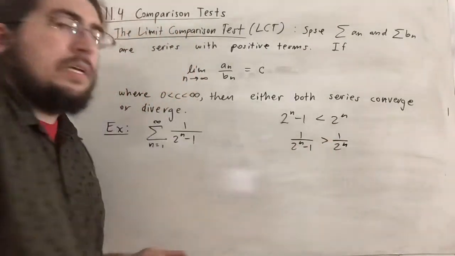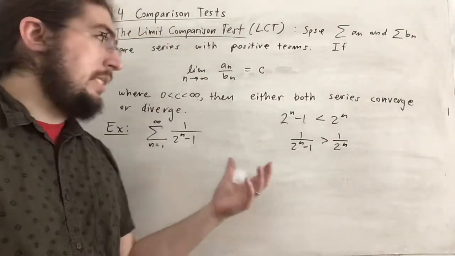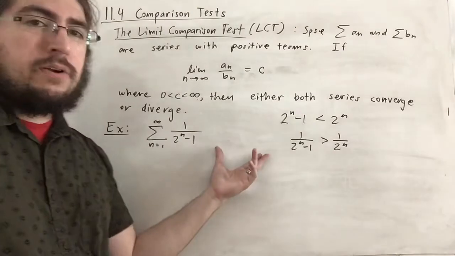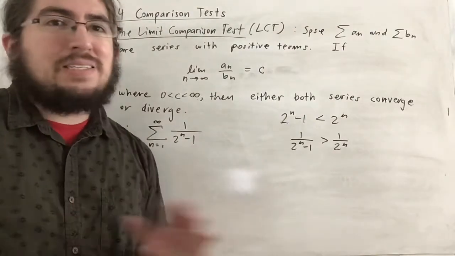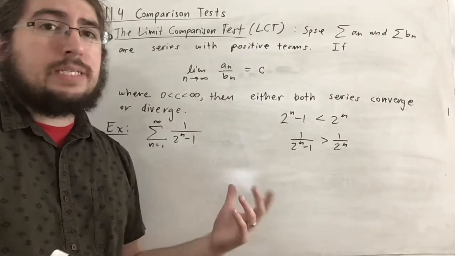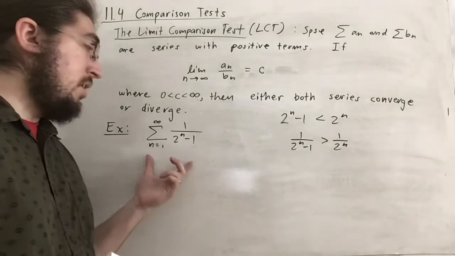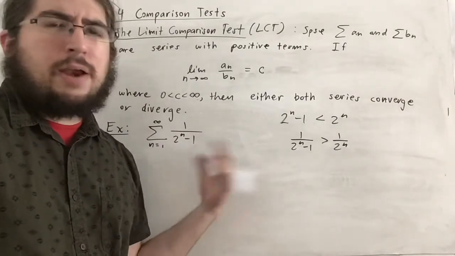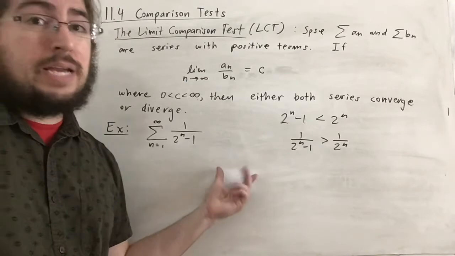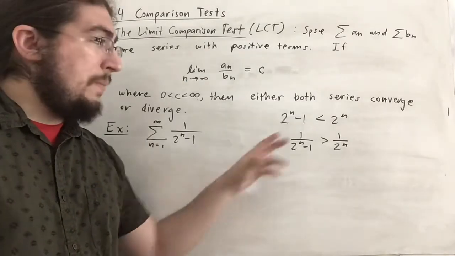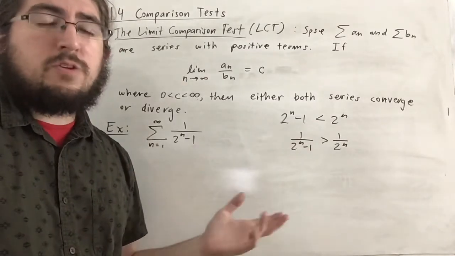We get this. So if we were to try the comparison test, we would see that this is bigger than something that converges, but that doesn't mean anything. Now, if you remember the comparison test, if you want to show it's convergent, you want to show that it's less than something that converges, not greater than, because infinity is bigger than anything that converges. So with that being said, this inequality is kind of useless.